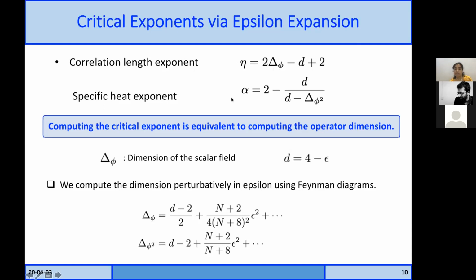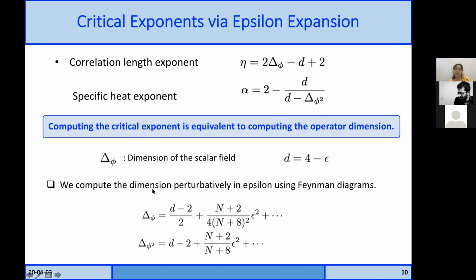And we also have the specific heat exponent. This is the example that I showed in the first couple of slides, and it is given in terms of the operator phi squared. So it means that computing the critical exponent is equivalent to computing the operator dimension in a theory.